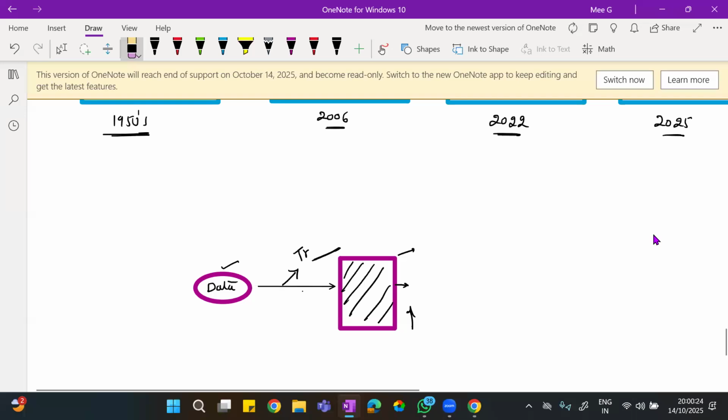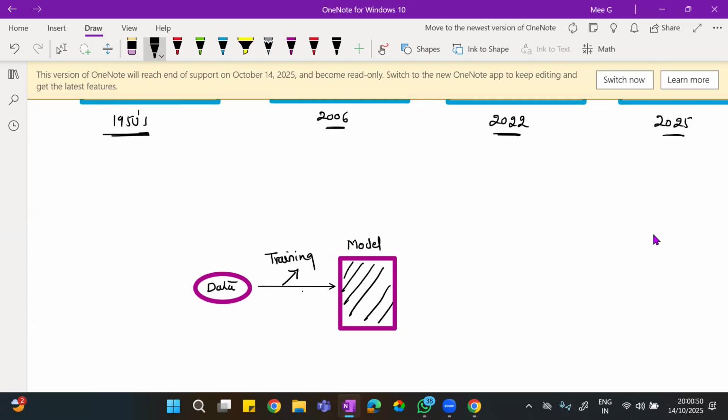Now you know what I'm speaking about over here. The data is provided to your model, and the model will become intelligent by learning from the data. What is a model? A model is a program based on an algorithm. What is this process called? This process, we call it training.